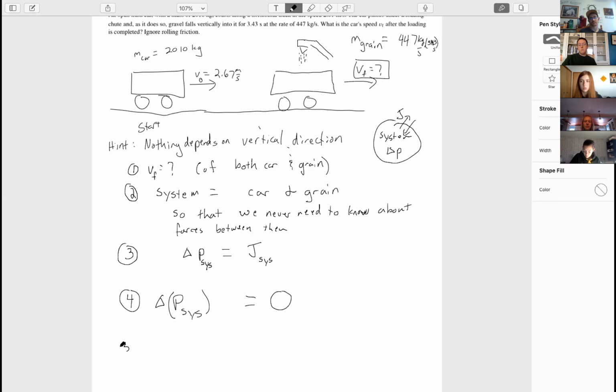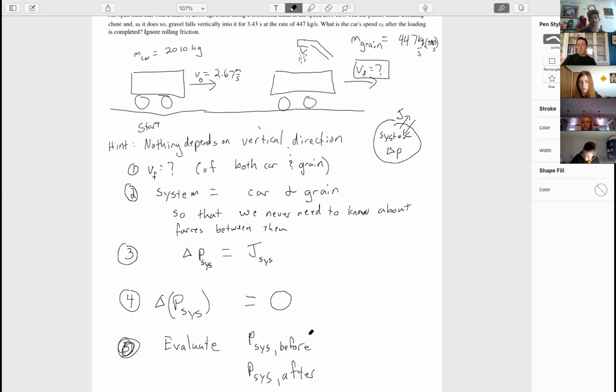So what I'm going to have you guys do is evaluate the change in momentum of the system. So you need to find the momentum of the system before, and write down a formula for the momentum of the system after.